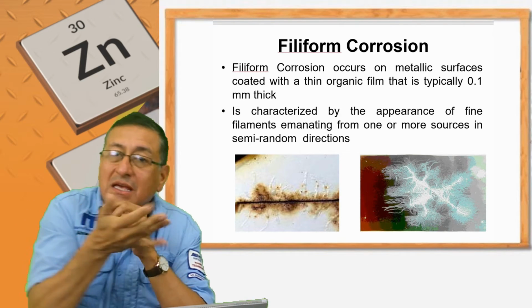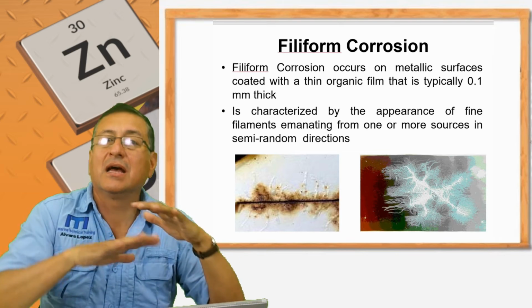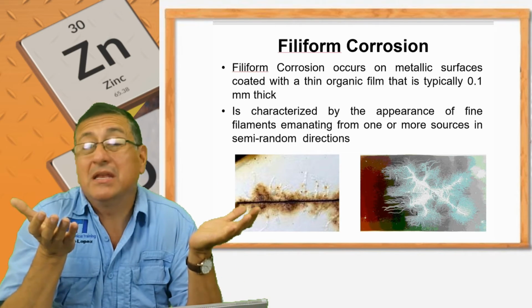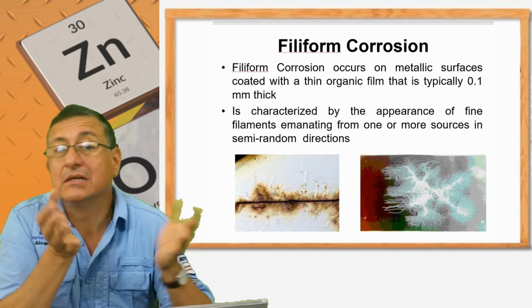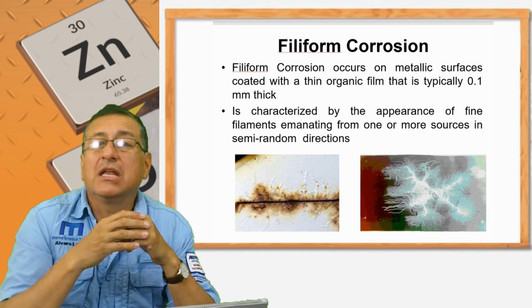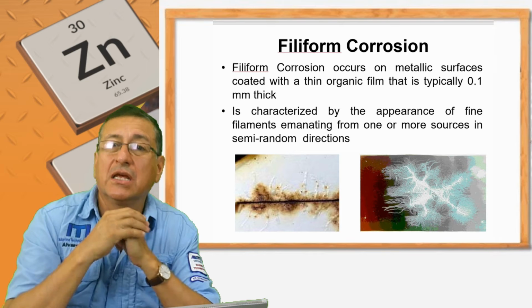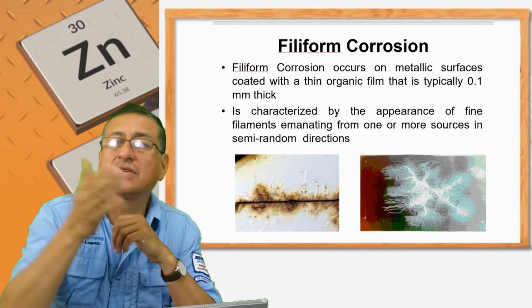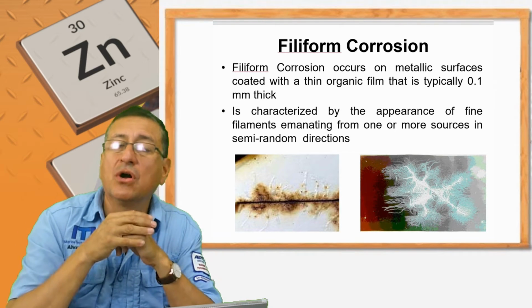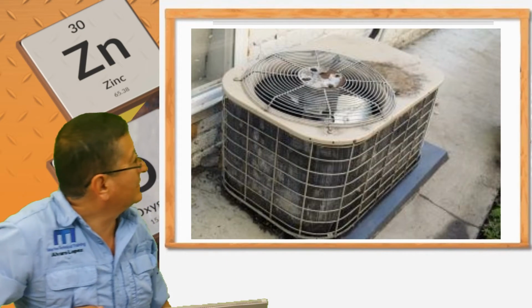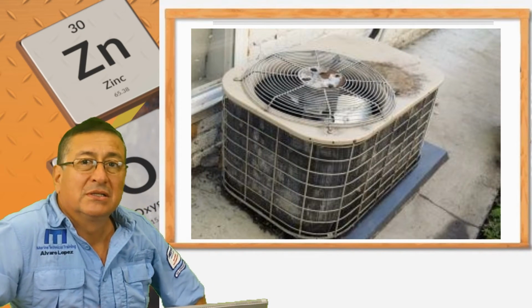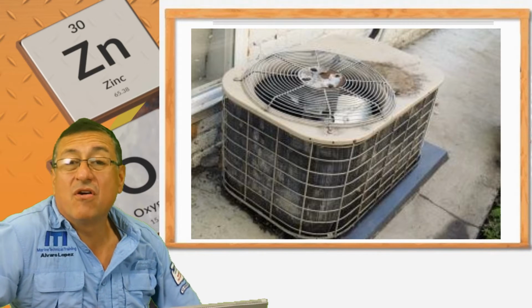It's humidity in between the paint and the surface, because the paint is not appropriate, it's organic, and this is regular steel. This is very common in appliances. For example, in the condenser of the air conditioning equipment in your home, that condenser located outside, you have condensers like this in that situation, with a lot of filiform corrosion.